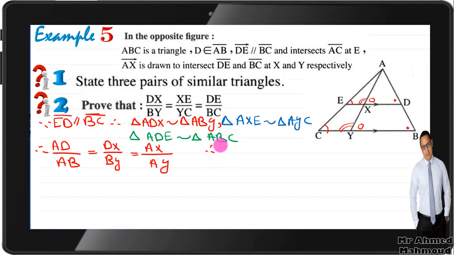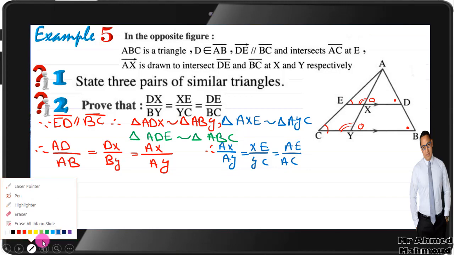Therefore, from the second similarity, AX over AY equals XE over YC equals AE over AC.